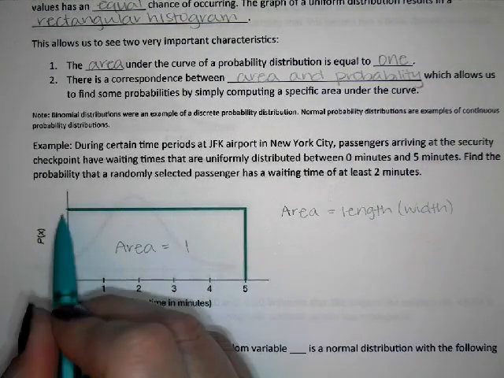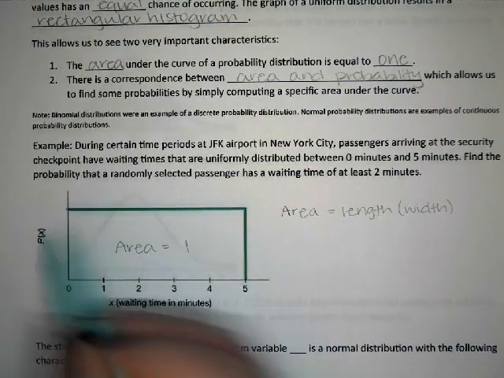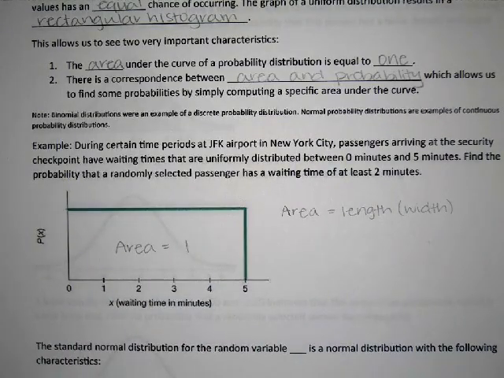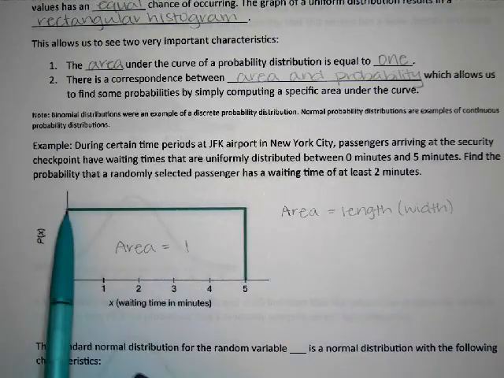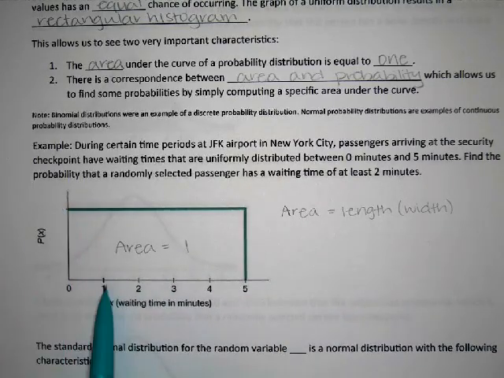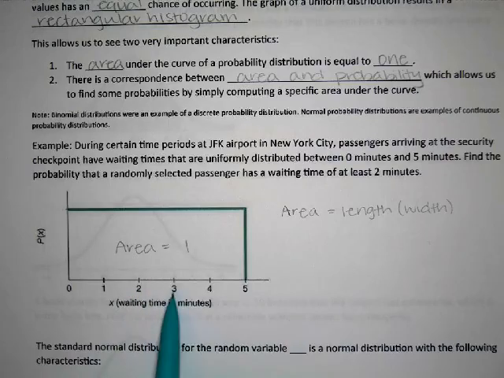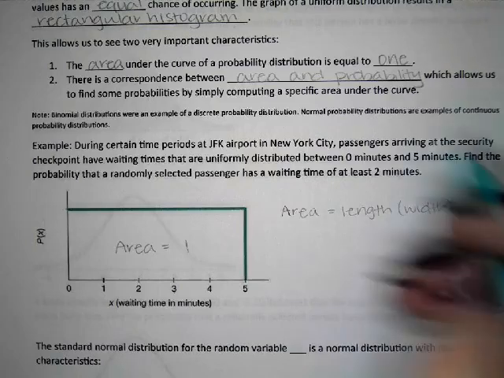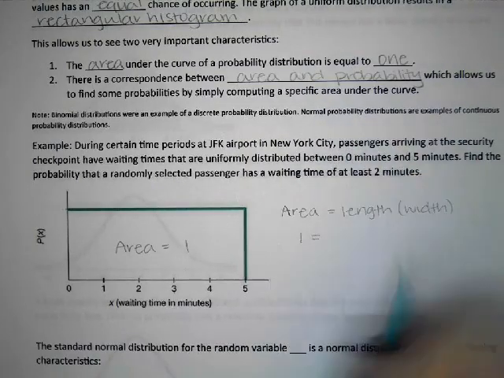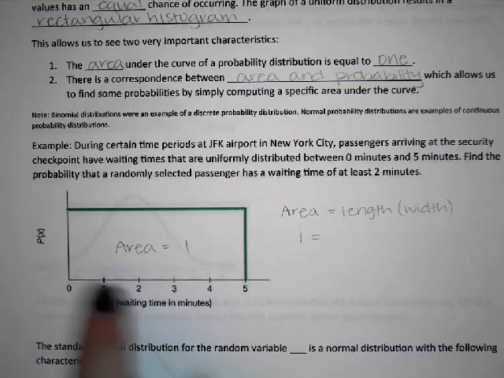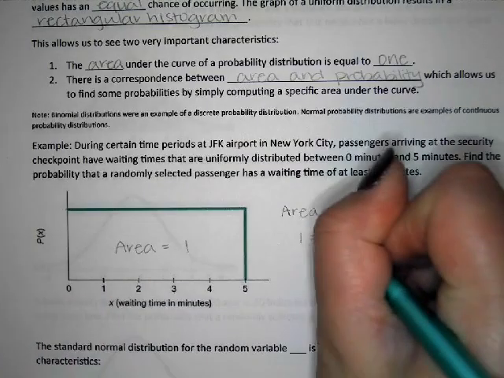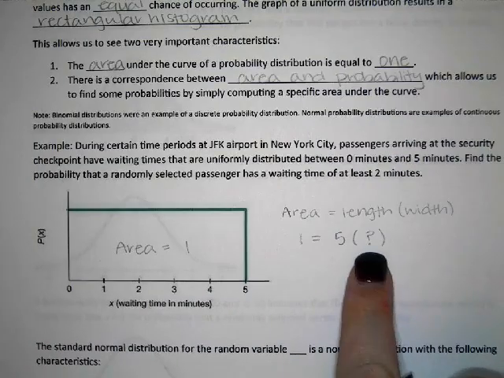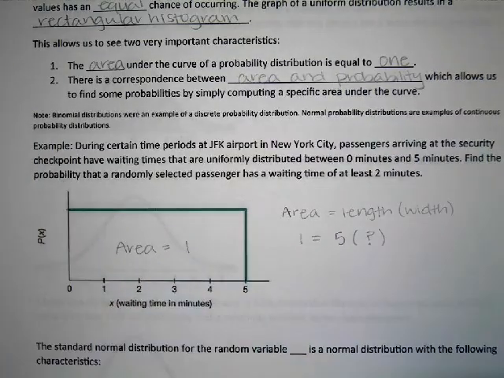So this is P of X, the probability of whatever specific waiting time we need. If we want to know the probability that you're going to wait for 1 minute, or 2 minutes, or 3, 4, or 5 minutes, we simply need to say that the area is this length, and it doesn't really matter which one you call length and which one you call width, but that length of 5 minutes times some width of this value here is the probability.